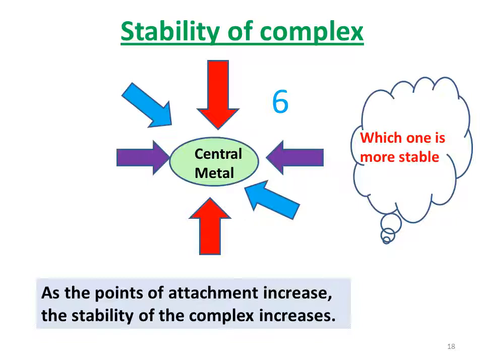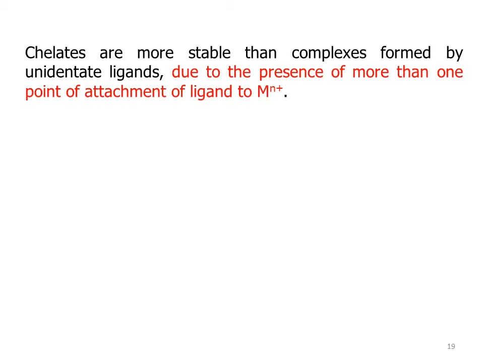So, by default, you will see that the polydentate ligands, either bi, tri, or tetradentate, are more stable if they form a complex with a central metal ion rather than the unidentate ligand. Chelates are more stable than complexes formed by unidentate ligands.